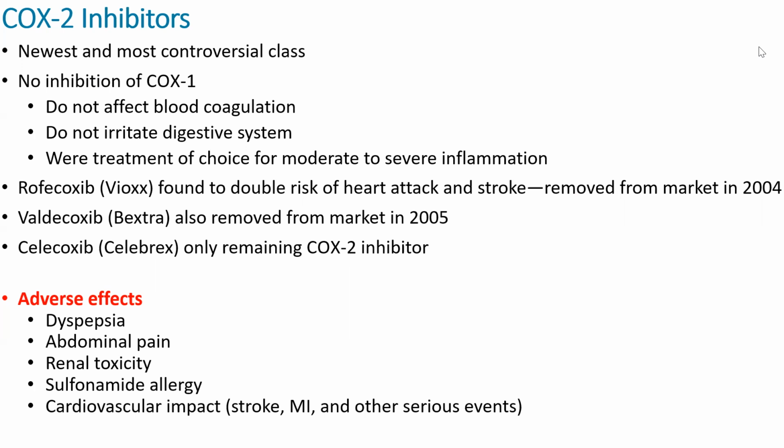NSAIDs have a lot of similarities. Most of the NSAIDs are strongly bound to albumin in the blood. Most are metabolized in the liver, so they become inactive metabolites, which are eventually excreted by the kidneys. All the NSAIDs have the ability to damage the GI mucosa, including bleeding and ulcer formation.